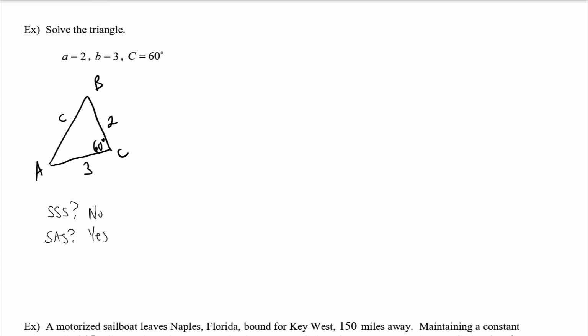So the law of cosines says if I pick a side and I know the angle opposite, this is going to be c squared equals the sum of the squares of the other two sides minus double their product and cosine of the angle opposite the side I started with, which was c. So c squared is equal to, again, just use your calculator.